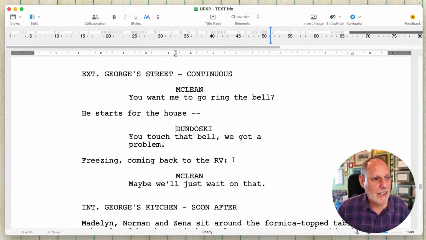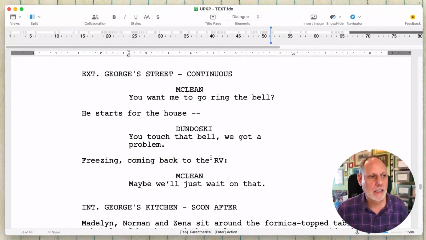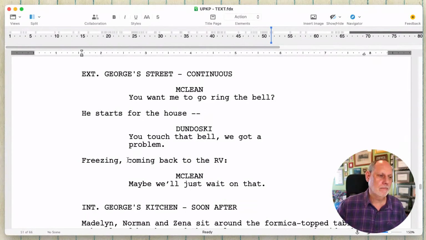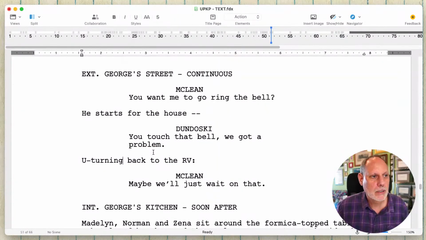All right, so here's one of those things. Either he's freezing or he's coming back to the RV. You can't do both. I think what I meant to do there was freezing, then coming back. U-turning.